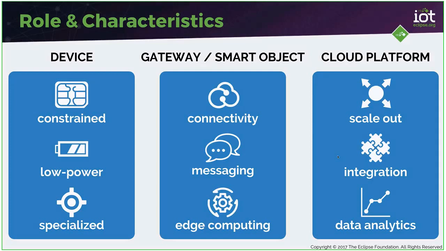So all kinds of APIs will need to be exposed by the cloud backend. And all in all, it's probably going to be all about data analytics, big data, call it whatever you want, but the IoT cloud platform will need to have some capabilities in terms of making sense of all the data that's coming from the field.